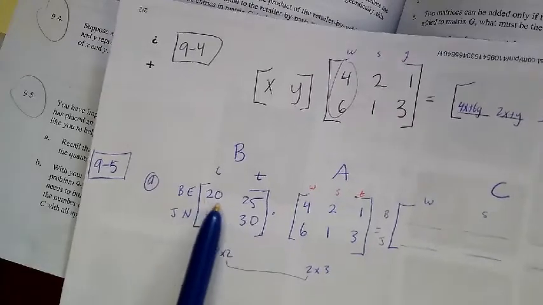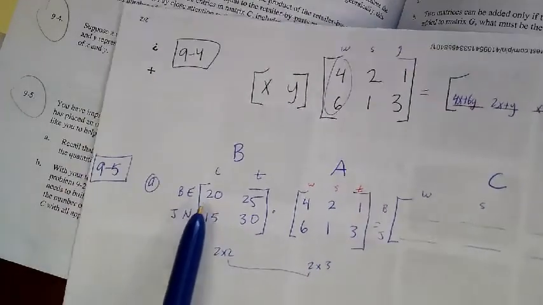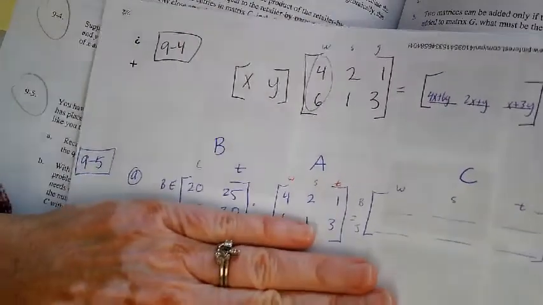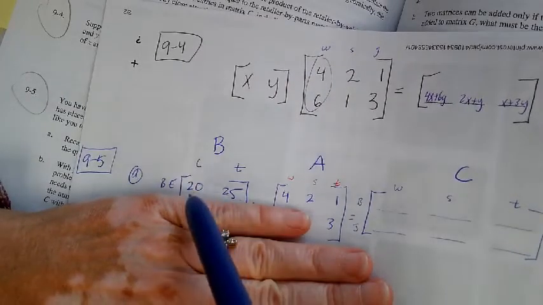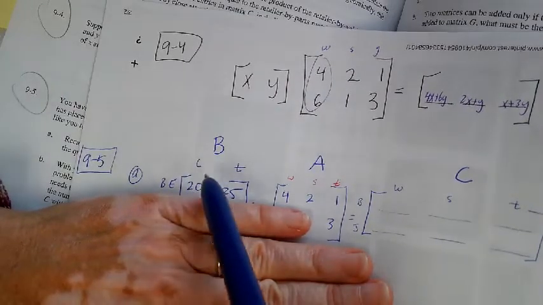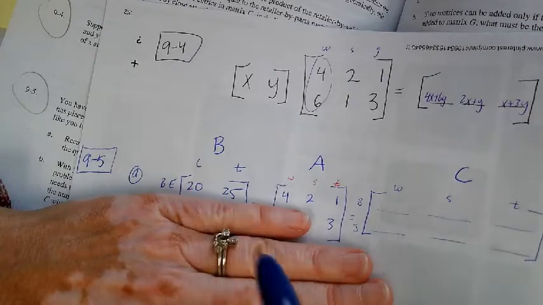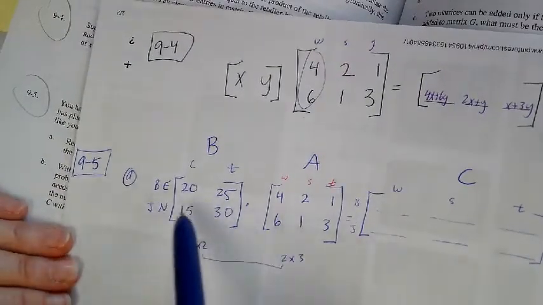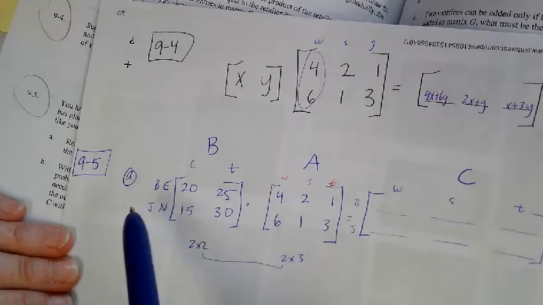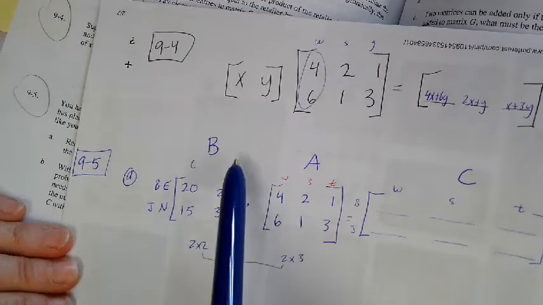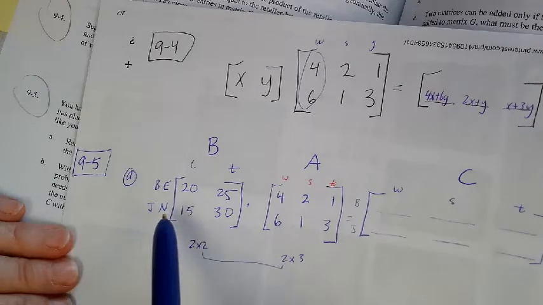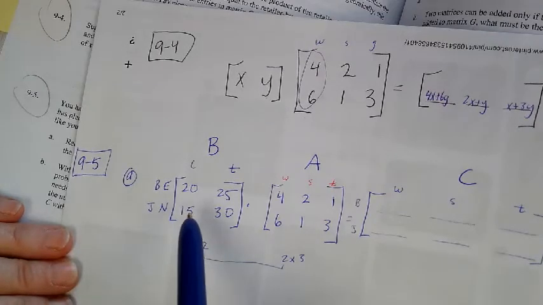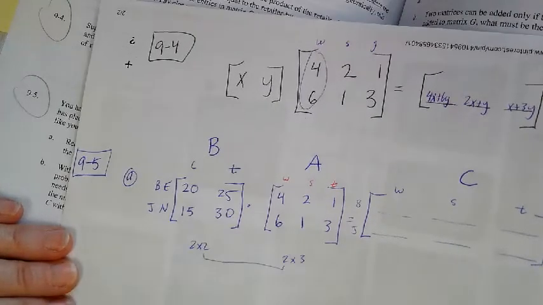So I don't know if you remember this. Just a few minutes ago, we did a problem that didn't have the bottom part. It was just Bullseye, cars and trucks, 20 and 25. They're saying add a row, and remember, rows go horizontally. So I just wrote a row to matrix B for J.C. Nichols, and they want 15 cars and 30 trucks.